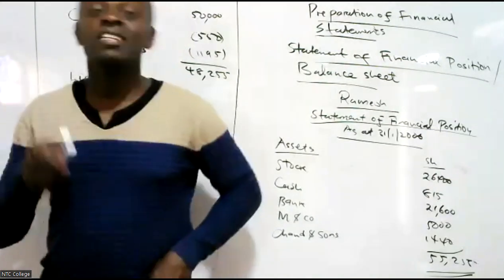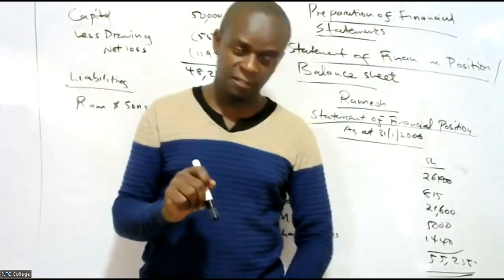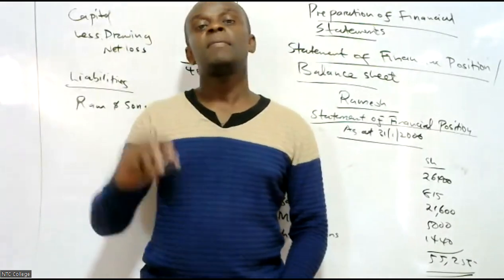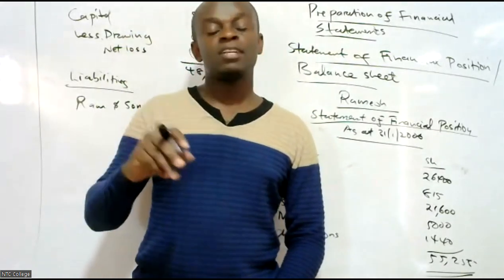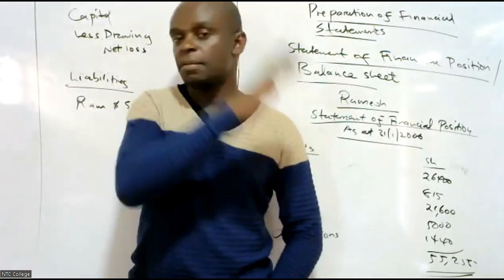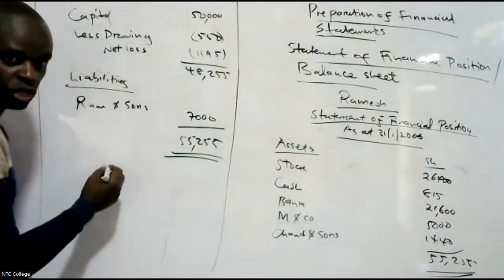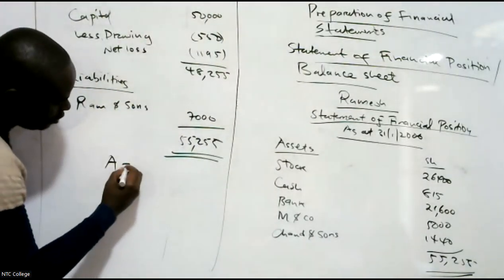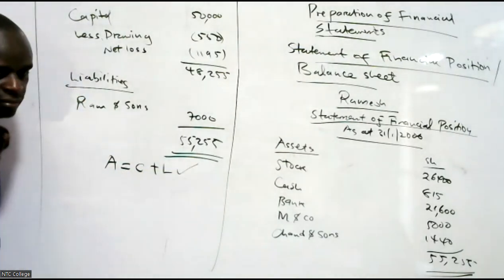Very good. Now, that is where the secret lies. The balance sheet must always balance. The side of the assets must always balance to the side of capital and liability. That's when the equation that I gave you, A is equal to C plus L, will hold.